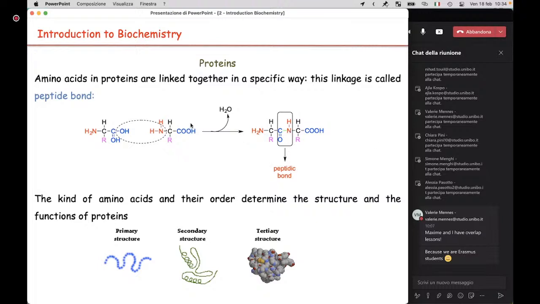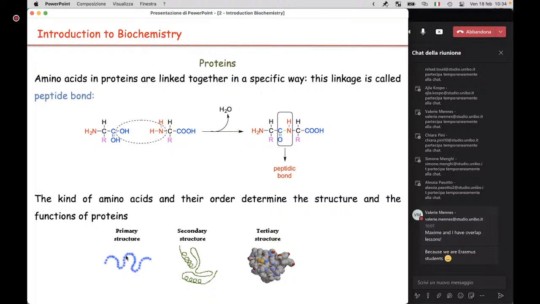So a lot of amino acids bonded together with peptidic bonds form a specific chain, a very long chain of as many amino acids as needed. And this chain, according to the different kinds of amino acid included in the chain, will form so-called secondary structure. The primary structure is the simple sequence of amino acids.